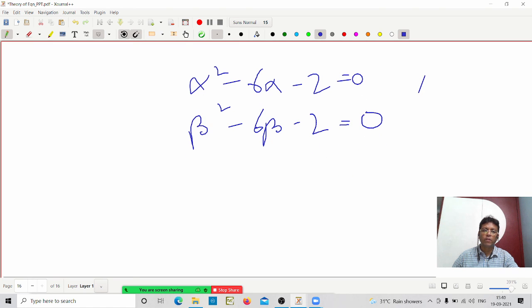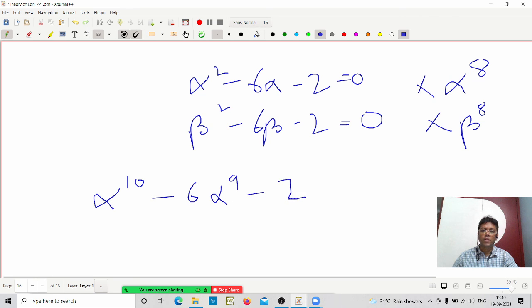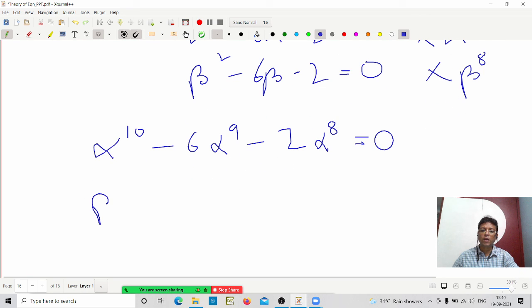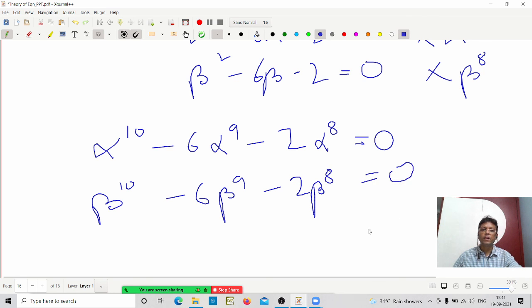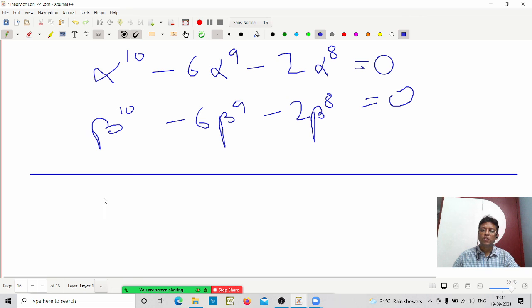So if I multiply with alpha to the power 8 and the second one by beta to the power 8, it's going to be alpha to the power 10 minus 6 alpha to the power 9 minus 2 alpha to the power 8 equal to 0, beta to the power 10 minus 6 beta to the power 9 minus 2 beta to the power 8.